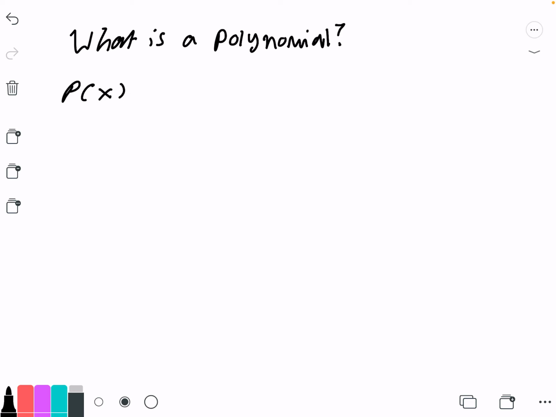Alright, so first we need to address, just as a review, what is a polynomial? What we define as a polynomial is, obviously it's a function, so let's write p for polynomial, like p of x.